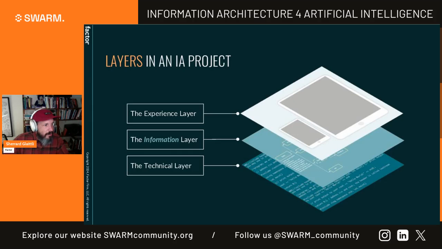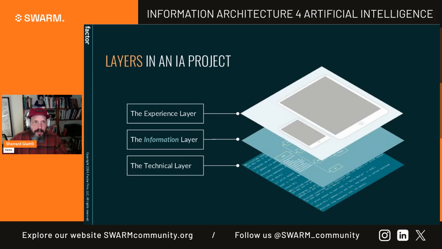We think of it sort of as a cake. You have the experience layer, the information layer, and the technical layer. The experience layer is where you see more of the traditional UX design work, UX research, design, UX writing, anything that primarily is focused on the front end experience.